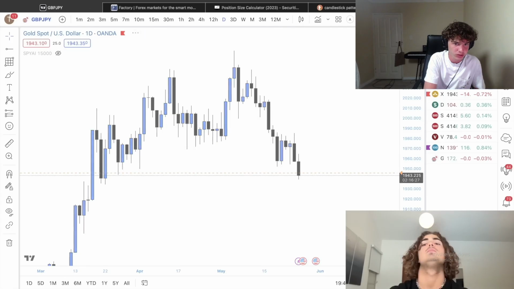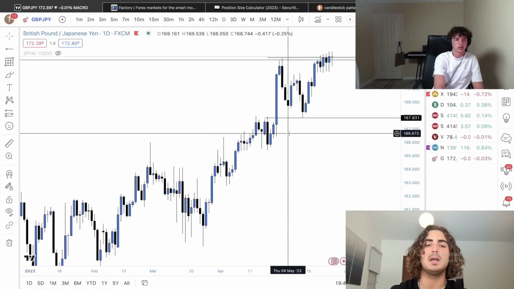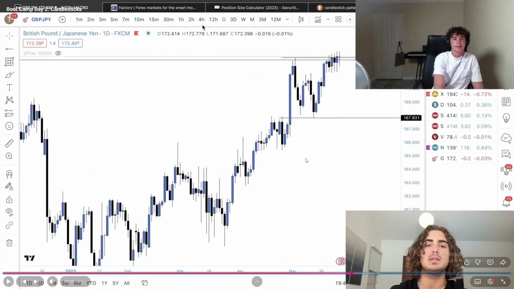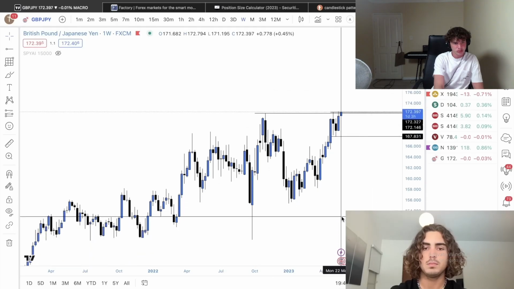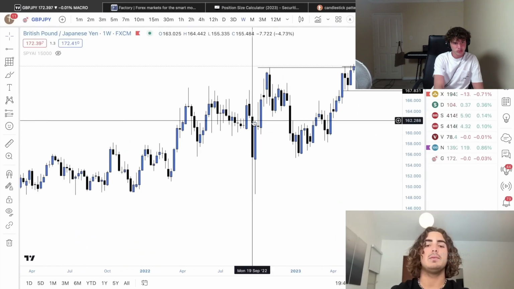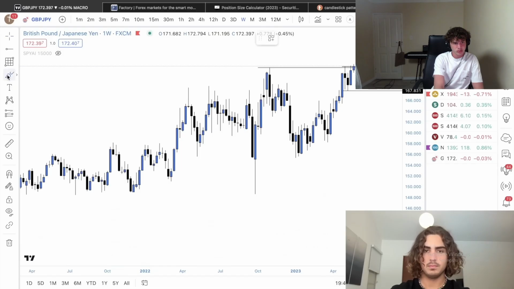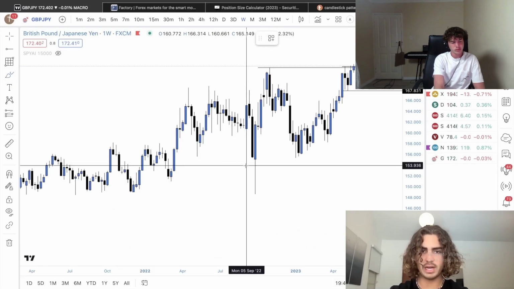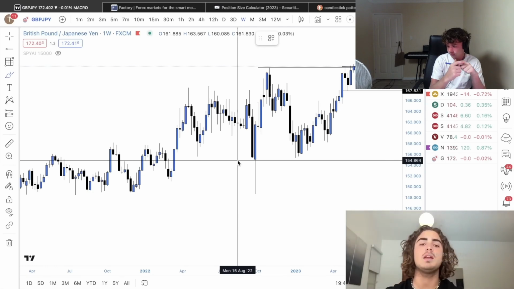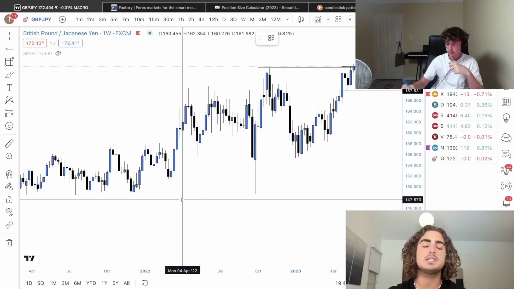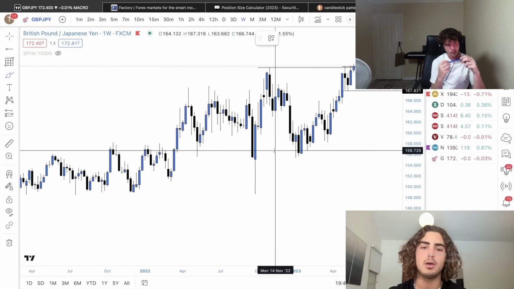Okay, let's just keep going through and spotting these on the chart. Again, this candle is a great example of where we see liquidity get swept in almost like a confirmation candle.